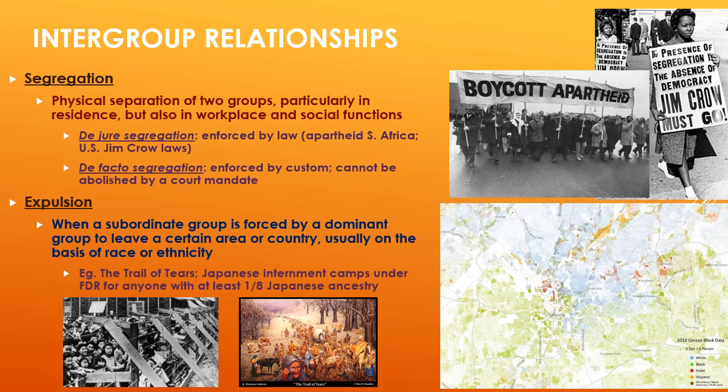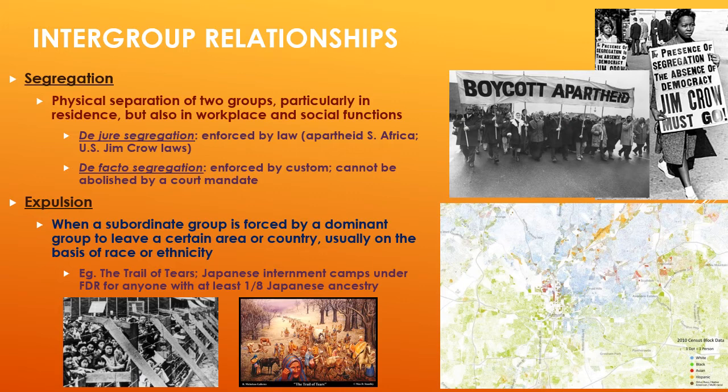For example, apartheid South Africa and the U.S. Jim Crow laws. These were forms of segregation that were undergirded by the jurisdiction of the nation or different states.